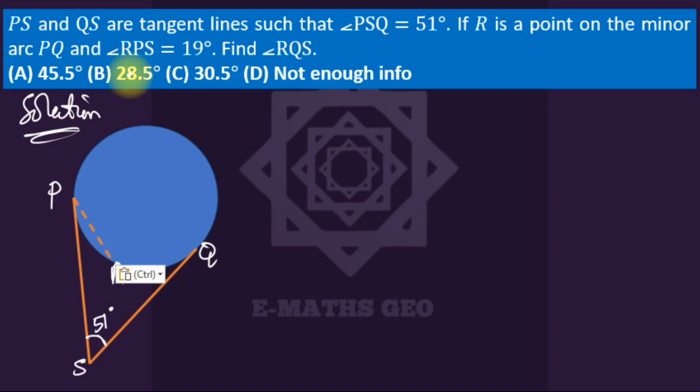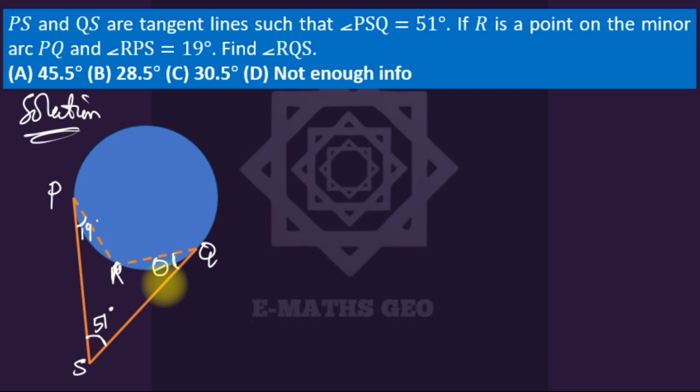They said angle RPX is 19, so this is 19 degrees. And we're asked to find angle RQX. So let's add it. Let's call this angle RQX theta.